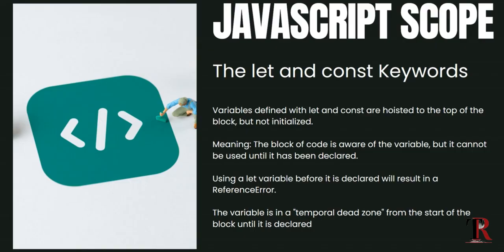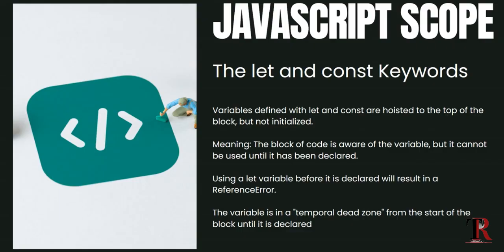Meaning the block of code is aware of the variable, but it cannot be used until it has been declared. So variables declared with let and const are hoisted to the top of the block but not initialized, which shows that your code block is aware of the variable, but you cannot use it until it has been declared.